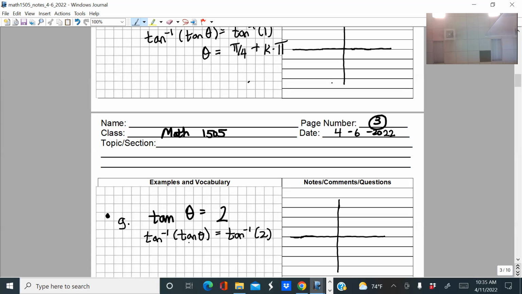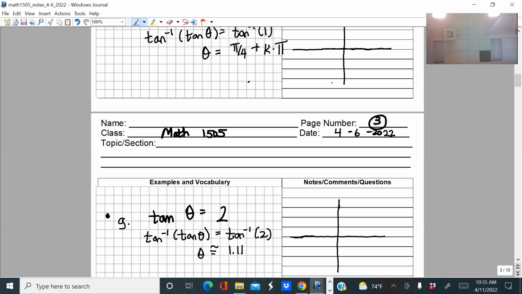The inverse tangent of the tangent of theta is theta, but only the calculator knows what the inverse tangent of 2 is. And so in radians, let's see what my calculator says. It's very slow computing that, which is interesting. I get about 1.11, rounding off.